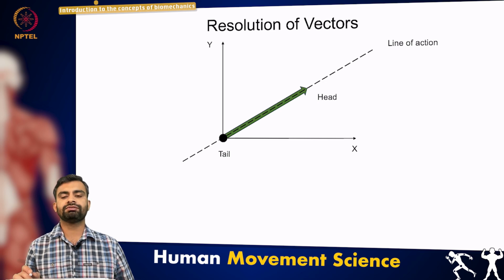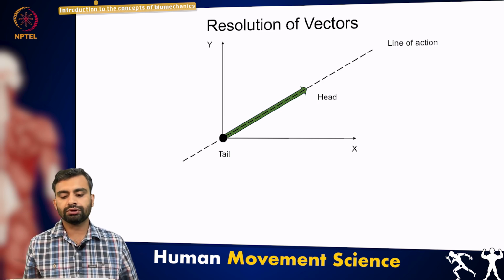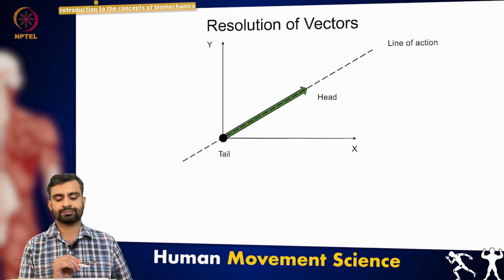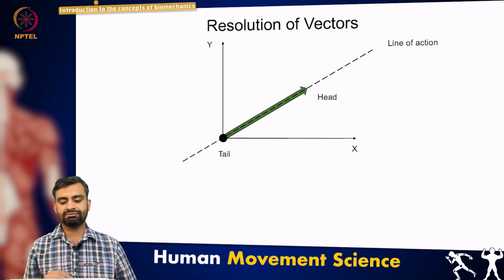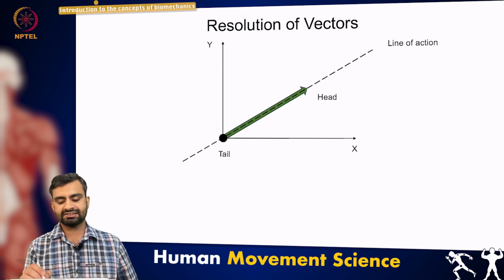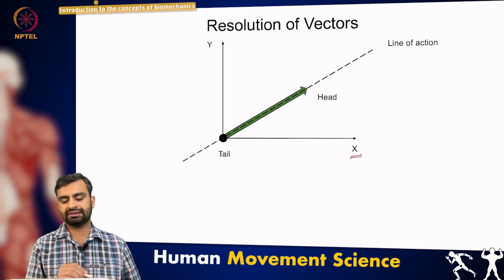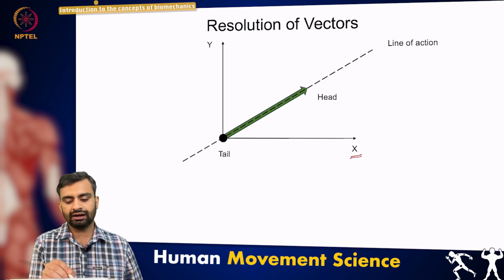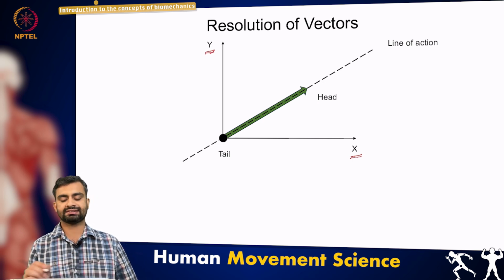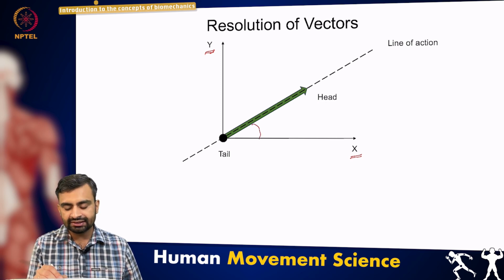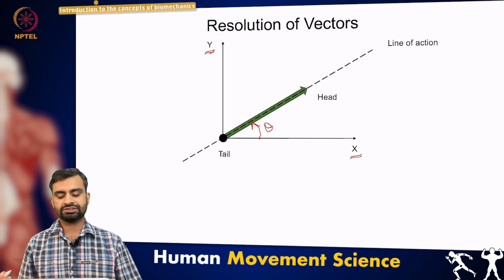Next, we will be more interested in knowing how to resolve vectors. Over here we take the same vector and place a reference system with the x-axis as horizontal and the y-axis as vertical. Let us consider this vector makes an angle theta with the horizontal axis.